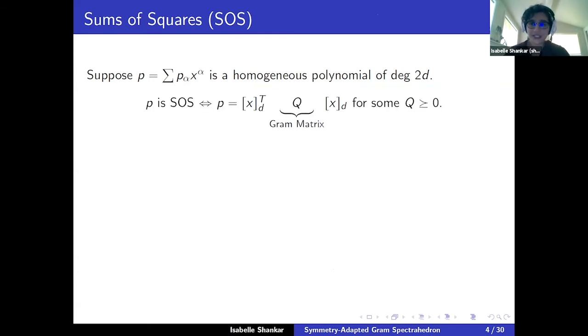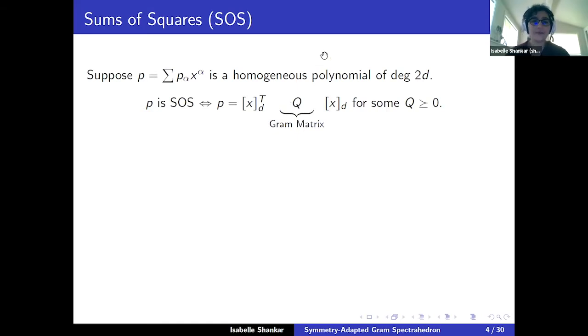A polynomial p is a sum of squares if and only if we can find a positive semi-definite matrix Q, that's what this notation here means, such that we can write p in this kind of quadratic form. If we can find a positive semi-definite matrix such that this equation holds, that's called a Gram matrix.